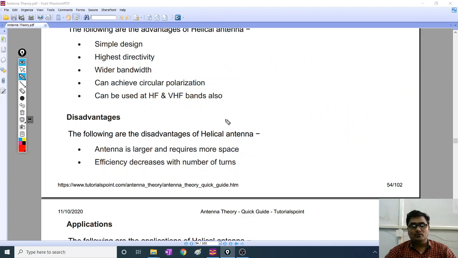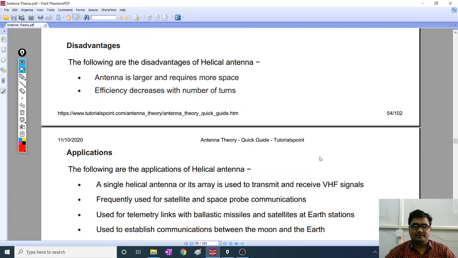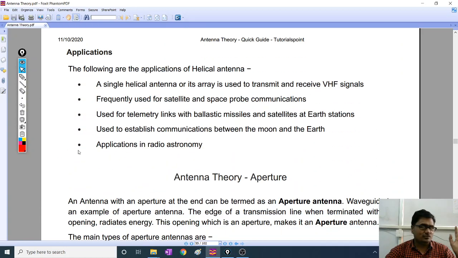Now about the applications. What are the applications of those helical antennas? Actually there are a number of applications we can define for the helical antenna, but still the helical antenna has some specific applications. There are only 5 applications listed, but okay, we'll go through it. A single helical antenna or its array is used to transmit and receive VHF signals.